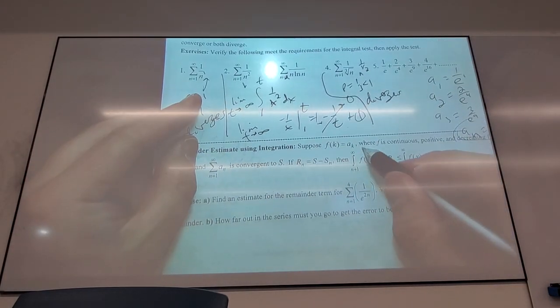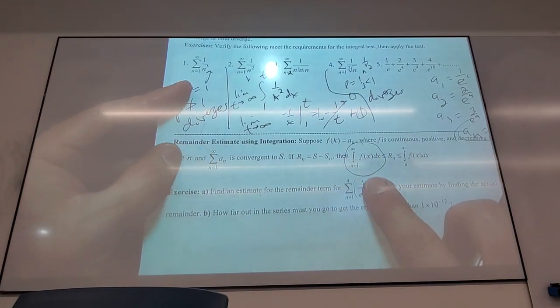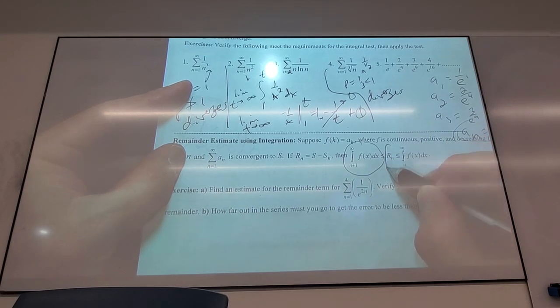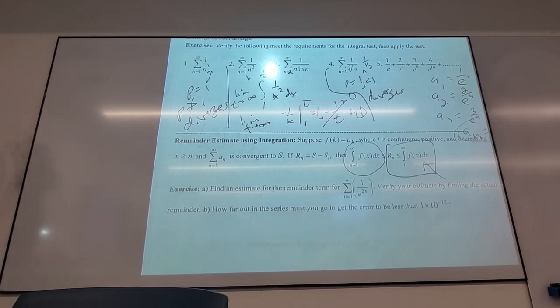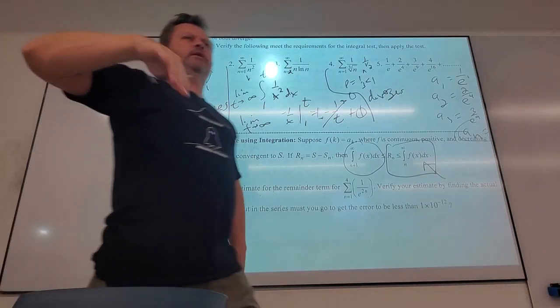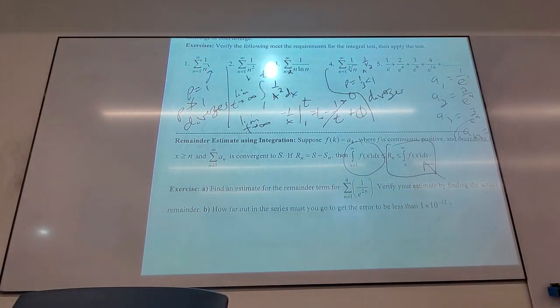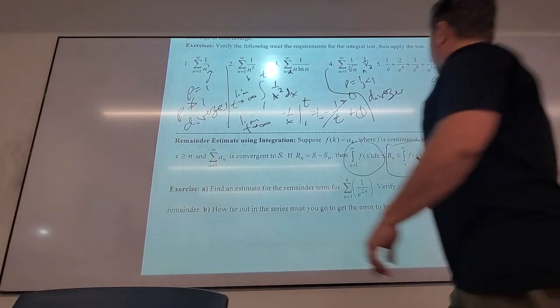Yeah, I gave you the other side, but most of the time we just care about what's the most I'm off by. So if you were going to guess how much money somebody had, wouldn't you want to know the most you're off by instead of the least you're off by? So most of the time we want to be conservative. We really just focus on getting this.